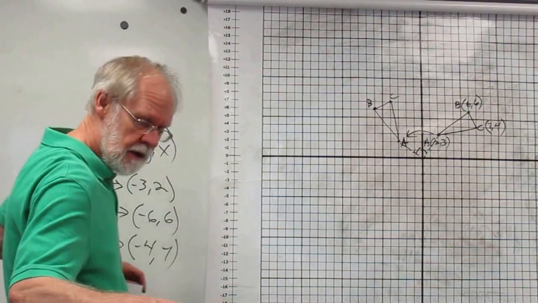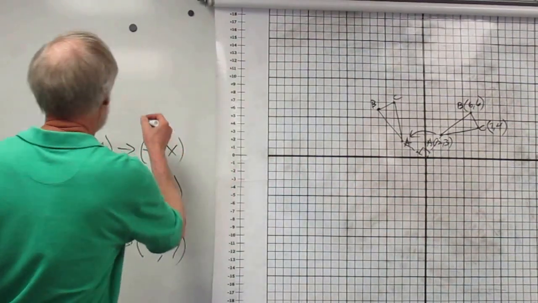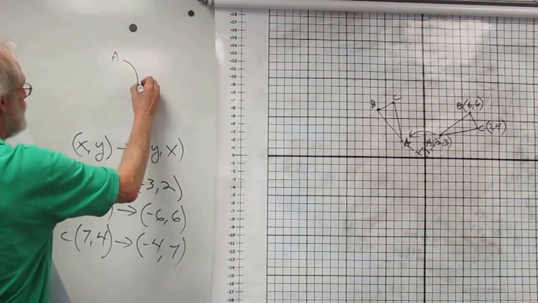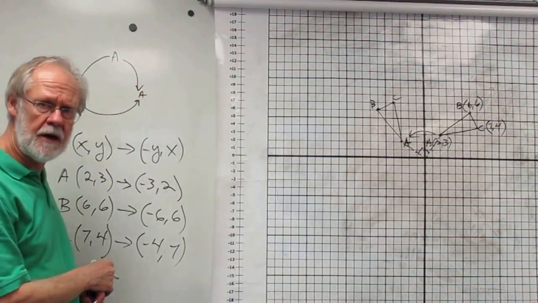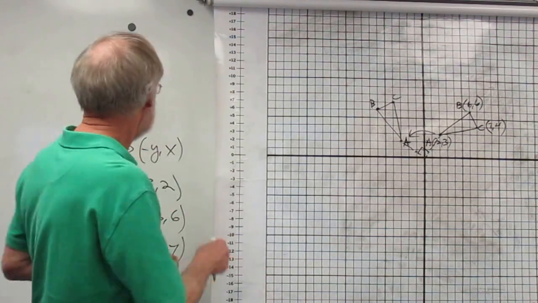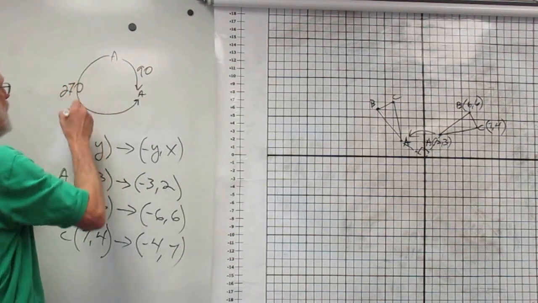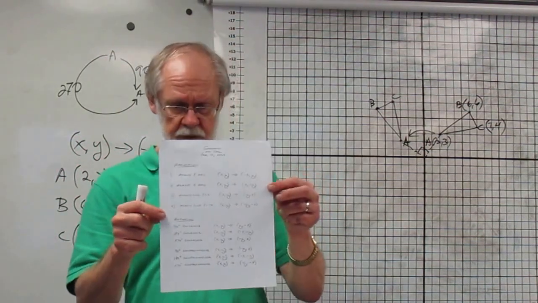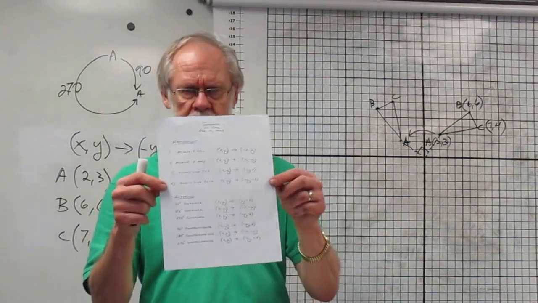Because if you go from point A here, 90 degrees clockwise, aren't you doing the same thing as going 270 counterclockwise? Because you're forming a complete circle of 360 degrees, 360 minus 90 is 270. So if that's 90, this one must be 270 the other direction. So there is some symmetry to these rotations.